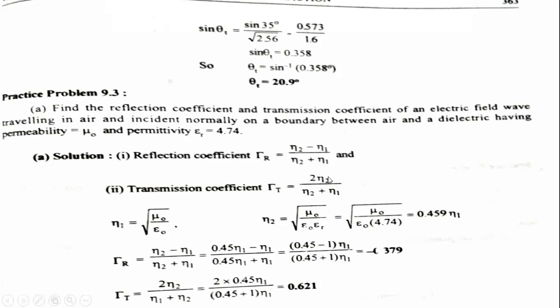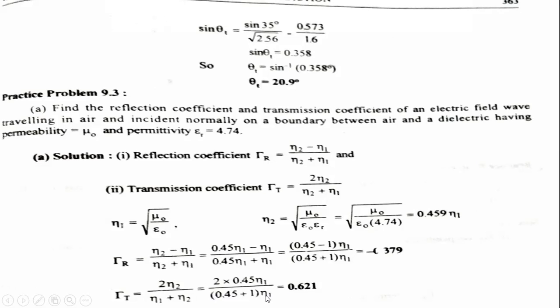So here tau t, these are the two cases. See here the tau r and the tau t, the reflection coefficient and the transmission coefficient, t and r can be shown here. Tau t is nothing but 2 eta 2 over eta 1 plus eta 2. Substitute the value 2 into 0.45 eta 1 here, again 0.45 plus 1 of eta 1.